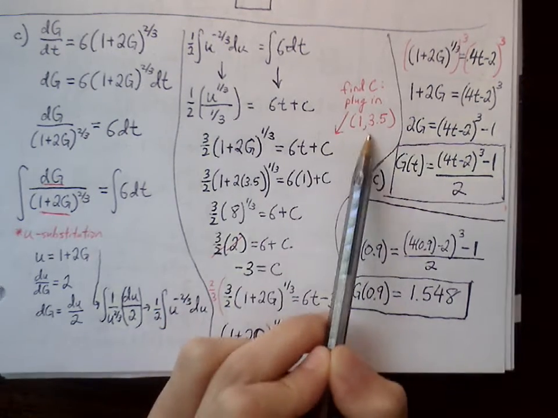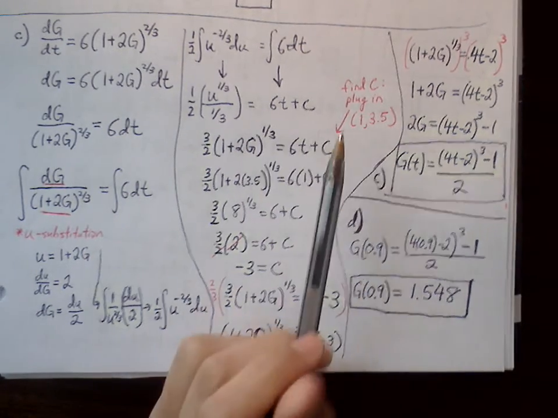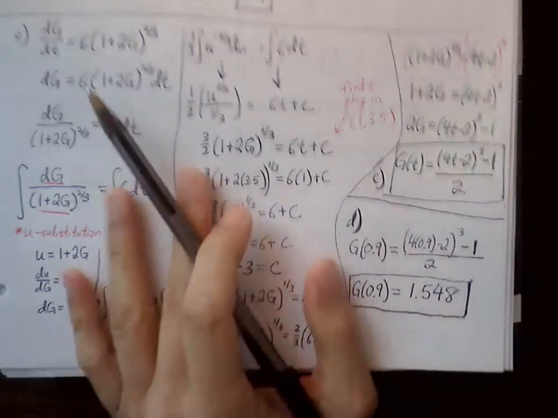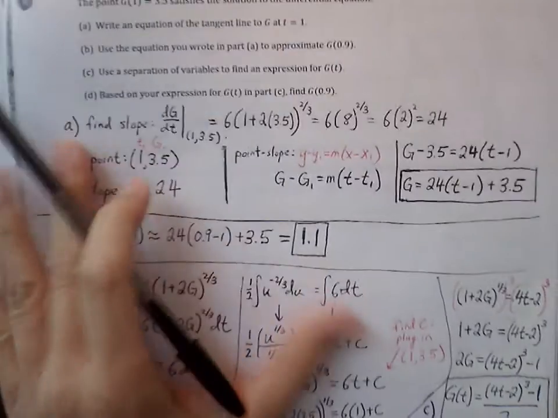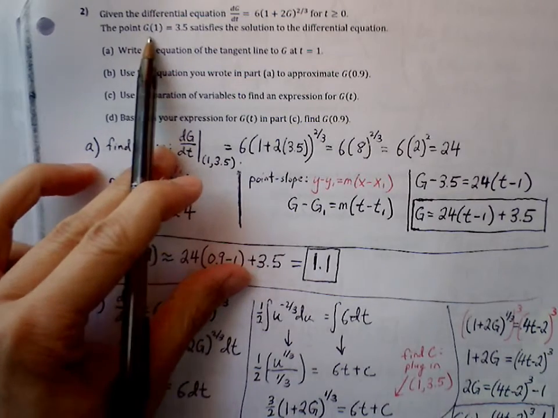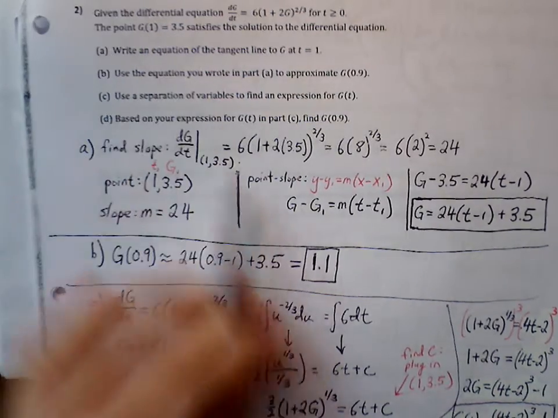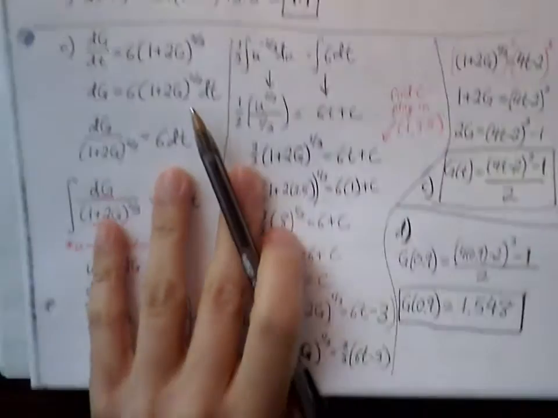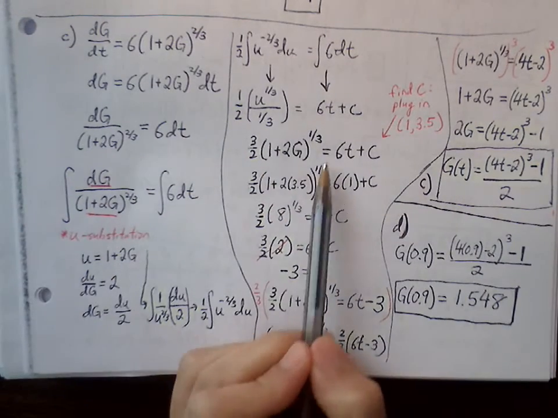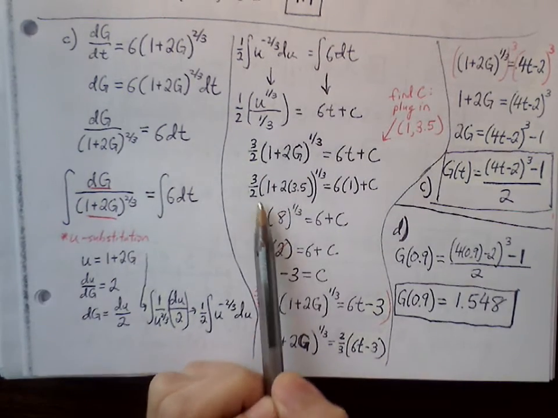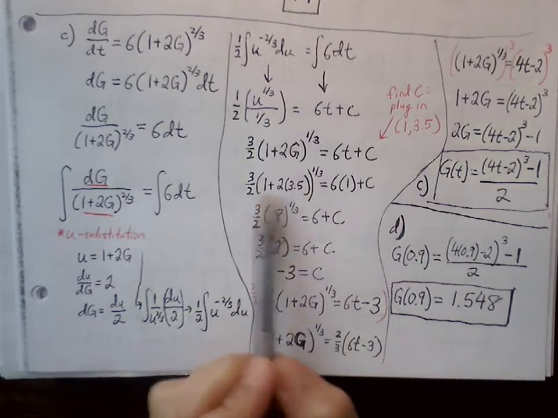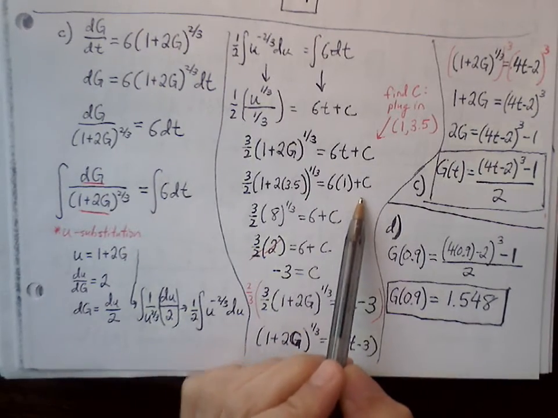And now I'm going to find c by plugging in my ordered pair that's provided for us at the beginning: 1 in for t, 3.5 in for g. When we do that, we can work our way down towards a value that we can solve for c.